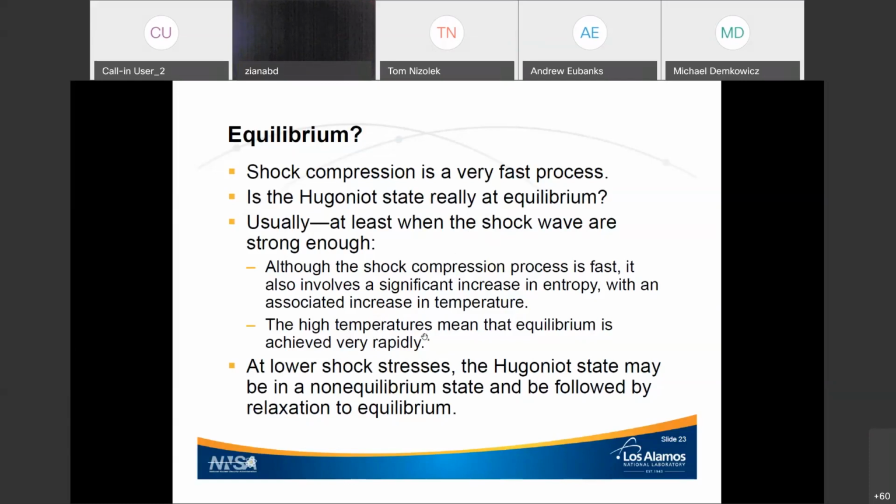And so what happens in cases like that, the Hugoniot state is in some metastable situation, and there is relaxation to equilibrium following the Hugoniot. But because the Hugoniot is subsonic relative to the material behind it, that change in stress will flow forward and affect the shock wave.